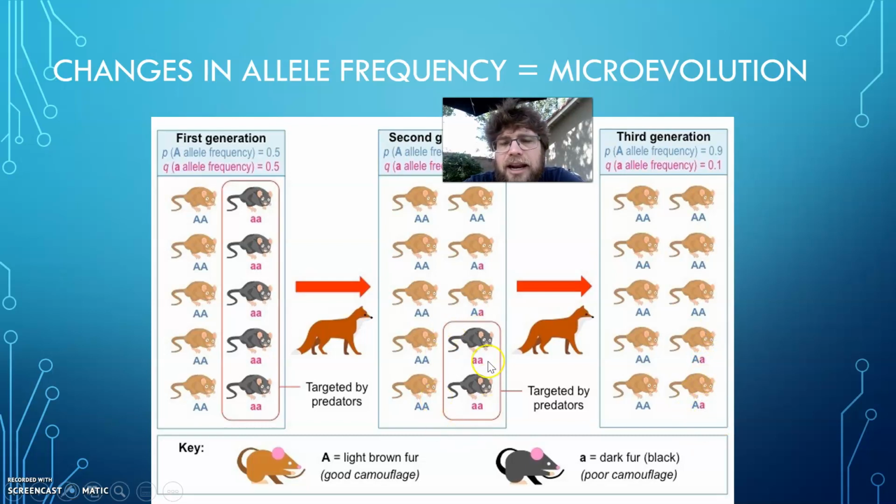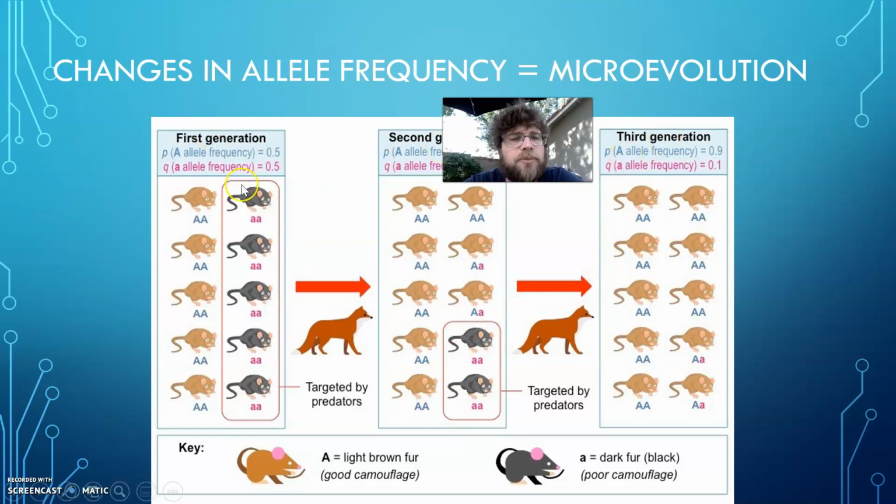The mice that had that dark fur color got caught, they were eaten, and they didn't make any babies. Whereas the lighter colored mice survived more often and had babies. So in the third generation, due to natural selection, due to the environment, this predator eating mice that are less adapted to the specific environment caused the allele frequency to change over 3 generations.